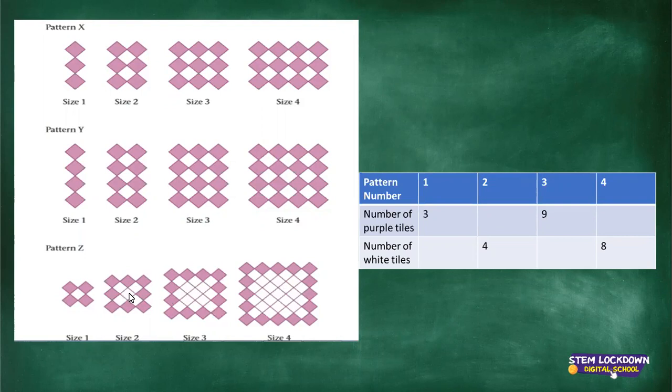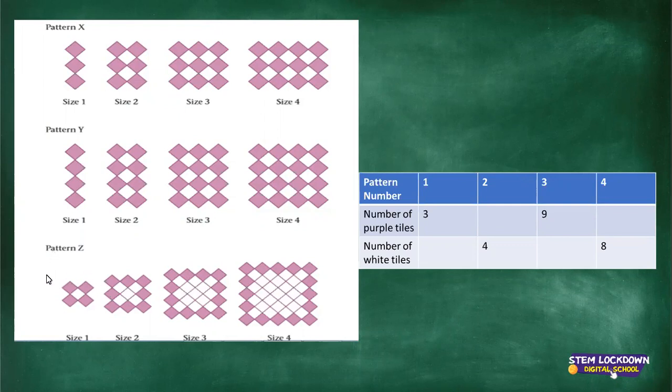Because if we were adding 4 from size 1, it would make sense: yes, we have 5 white tiles. But now on size 3, with the white tiles, we're only focusing on the white tiles at the moment, we would have been supposed to have 9, but that's not the case. We have 13, right?